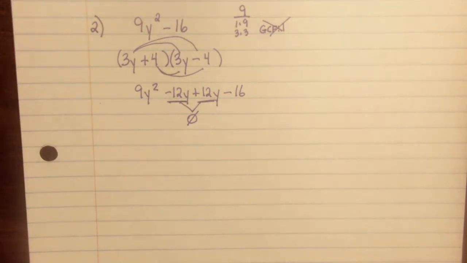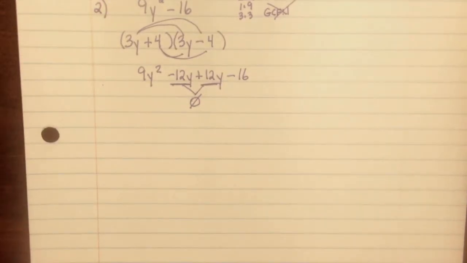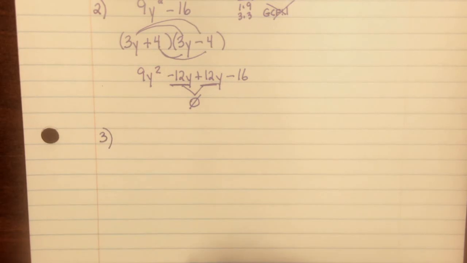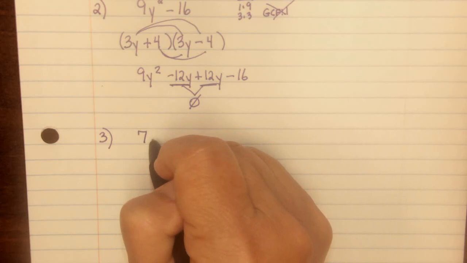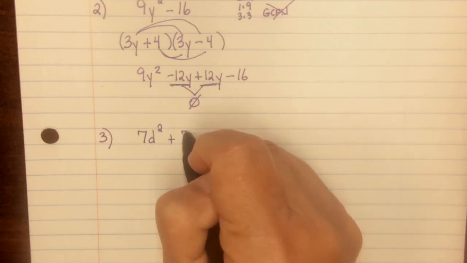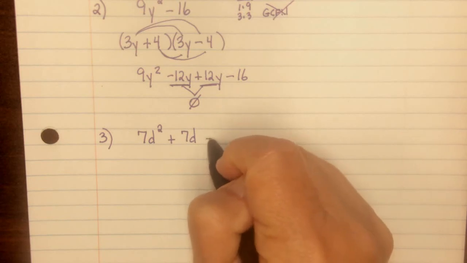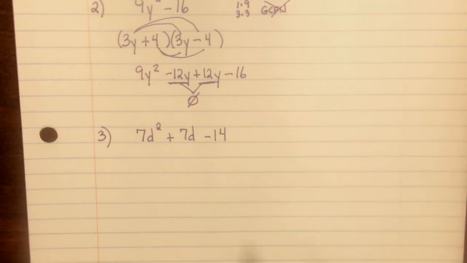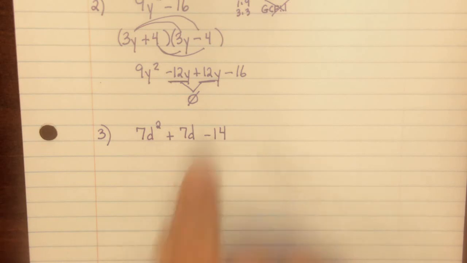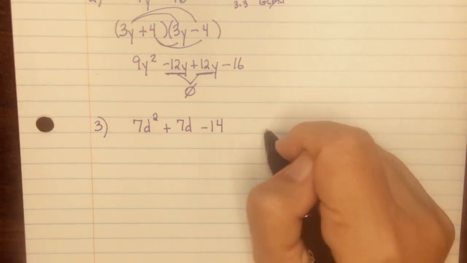Alright, as you move up in your IXL practice, you're going to get to some where we are going to have to factor out a GCF. So if I have 7d squared plus 7d minus 14, I notice that the number 7 can go into each one of those terms.